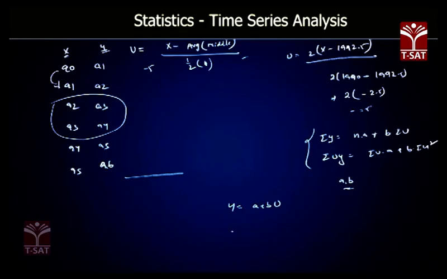But what is u here? y is equal to a plus b into x minus average of middle values divided by half into class interval. So when you substitute a and b values here, you directly get the fitted equation using the principle of least squares. The same way, if you want to predict any future value, directly substitute that future value of x here, then you will get the predicted value using this method of least squares.